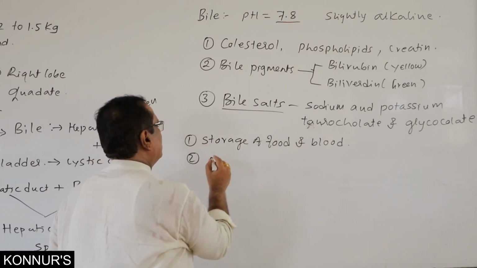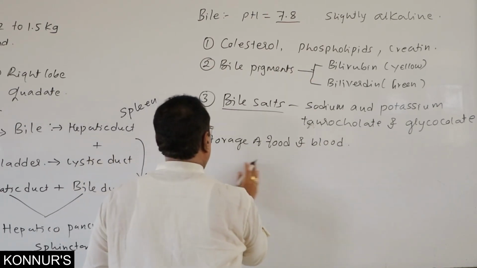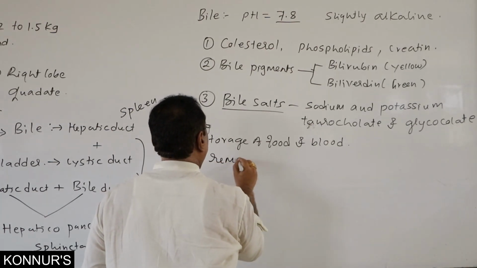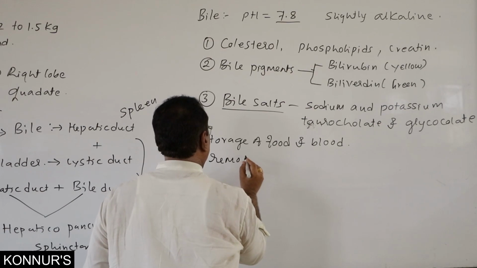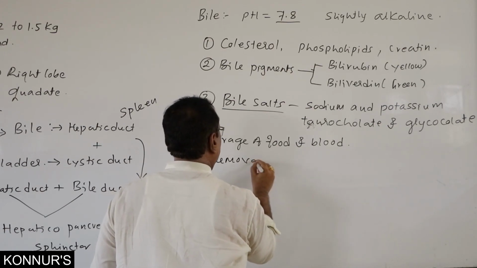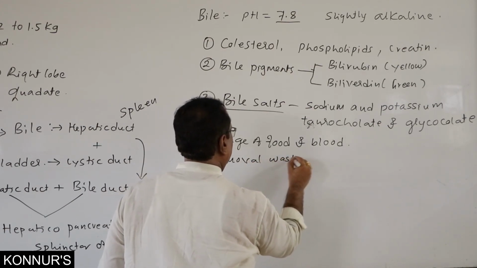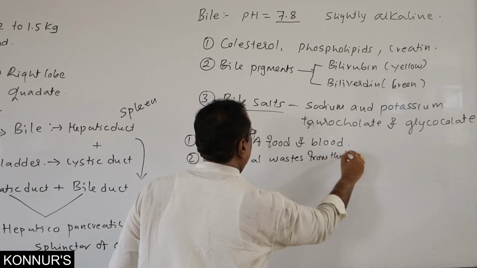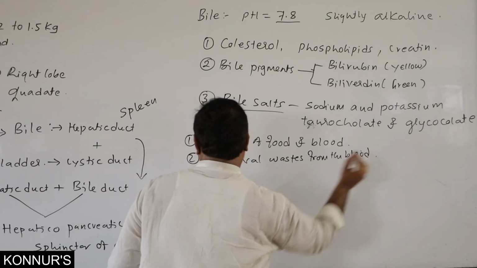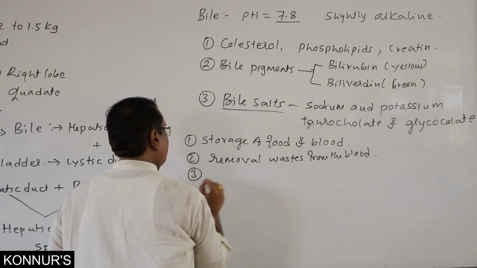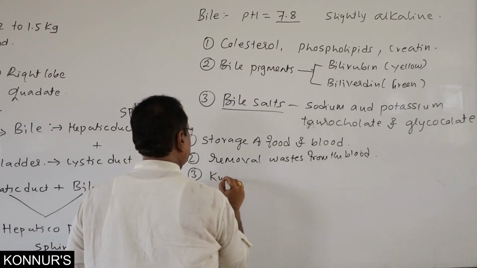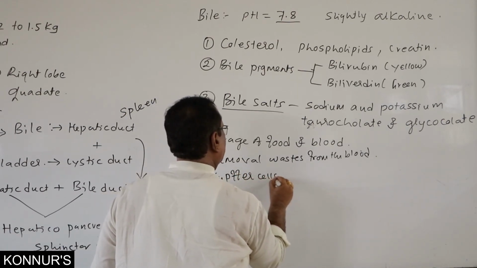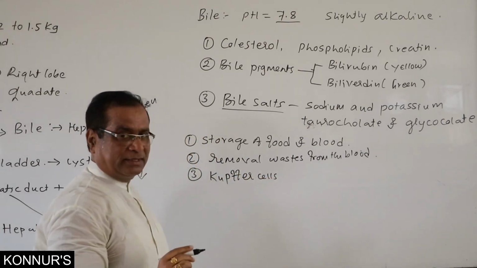Second one, it is meant for removal of wastes from the blood, and it has some specialized cells like Kupffer cells.